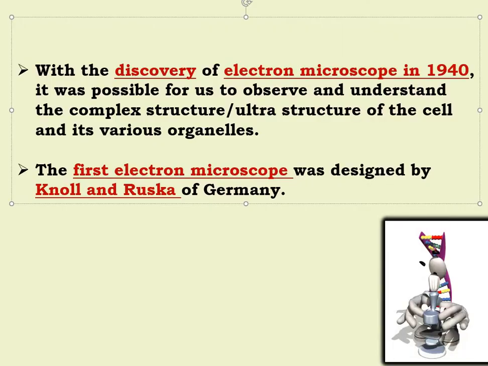With the discovery of the electron microscope in 1940, it was possible for us to observe and understand the complex structure, the ultrastructure, the internal structure of the cell and its various organelles. The first electron microscope was designed by Knoll and Ruska from Germany.